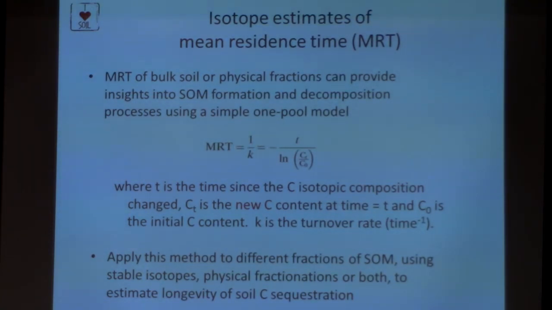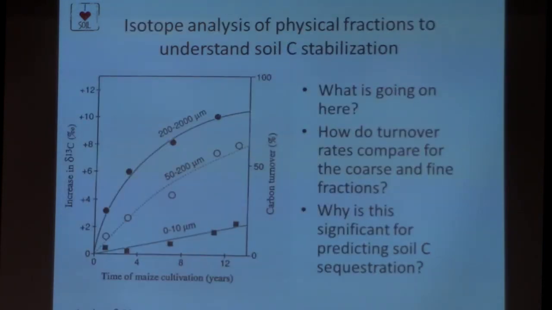We can do this on different kinds of soil carbon pools or any kind of pool in your ecosystem, really. And so this is a way that we can use isotope analysis to understand a little bit more about the stabilization processes going on in soil organic matter.